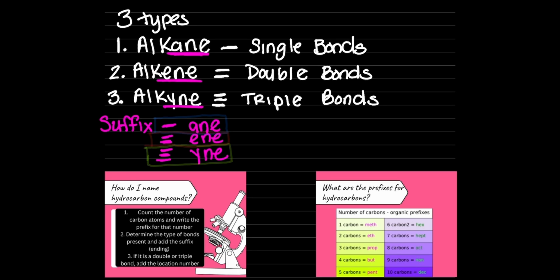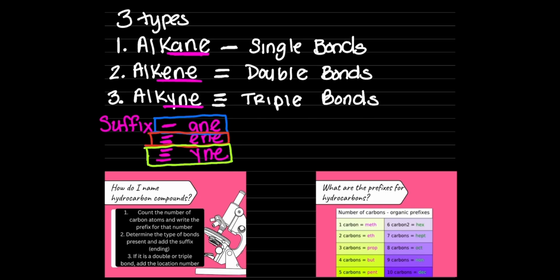Let me, because I know for some people it may be hard to follow, box these so you can see the difference. All right, so that's for your single bond. This is for your double bond. And this is for your triple bond. Okay, just in case you're confused. So your suffix is what's going to go at the end of your name for your hydrocarbon.